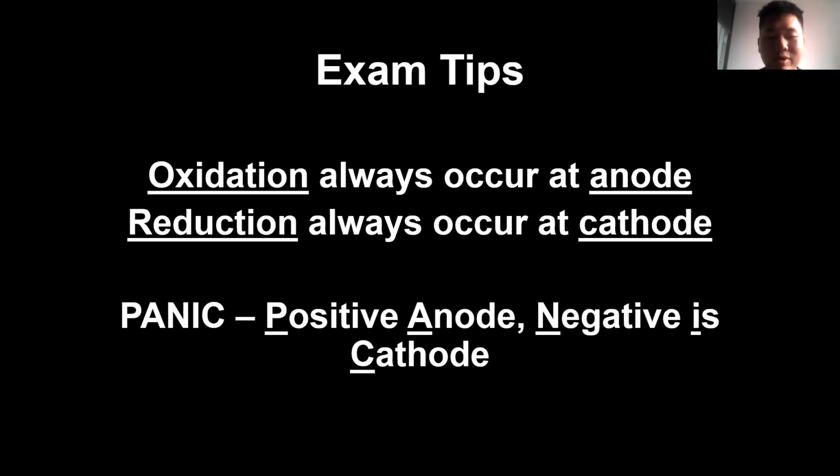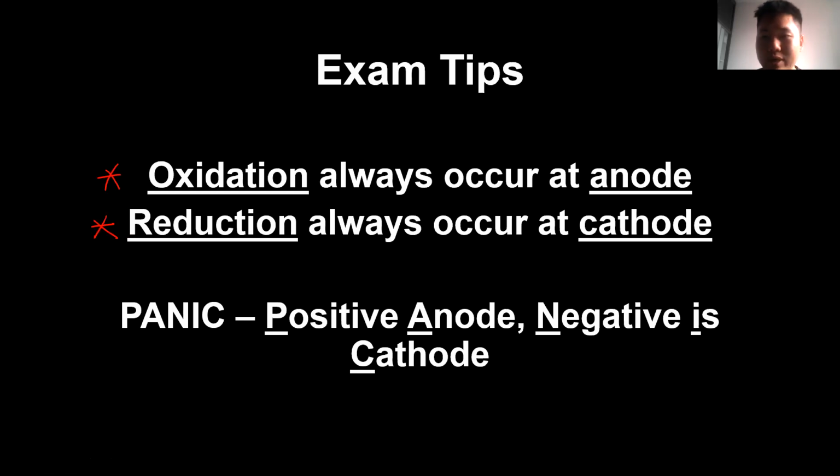These are some of the exam tips that you must know, so that we can do questions very quickly and not make mistakes. Oxidation will always occur at the anode, and reduction will always occur at the cathode. Throughout the whole topic of electrolysis, these two statements are perhaps the most important that you must remember.